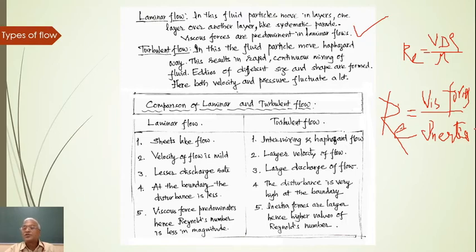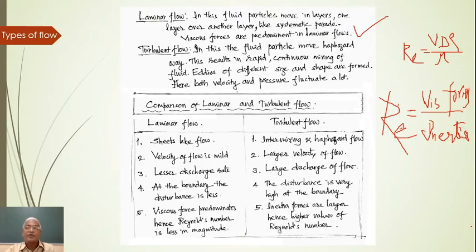If viscous force comes into the picture, this ratio is called the Reynolds number. Suppose there is a gravitational force on the top and inertia force on the bottom, then such a combination is called Froude's number, gravitational force divided by inertia force.